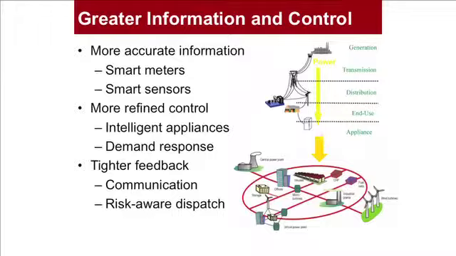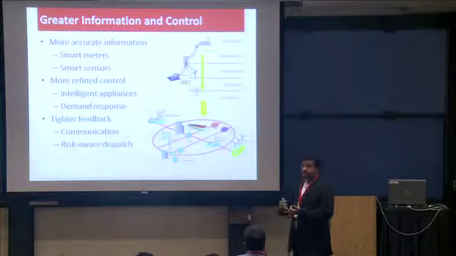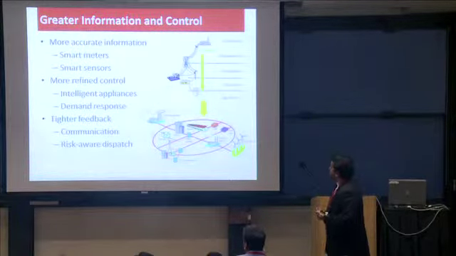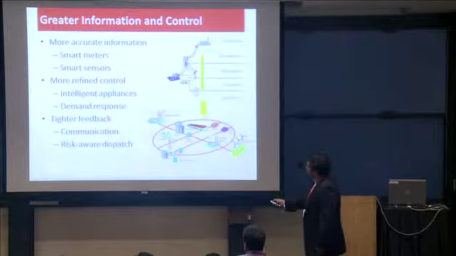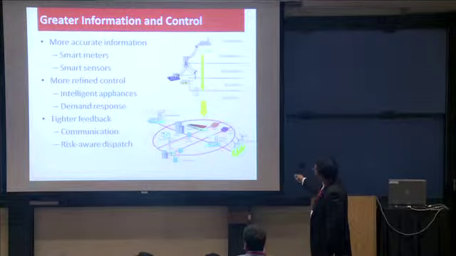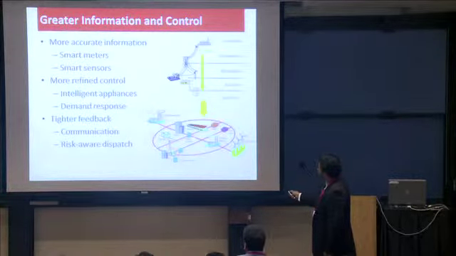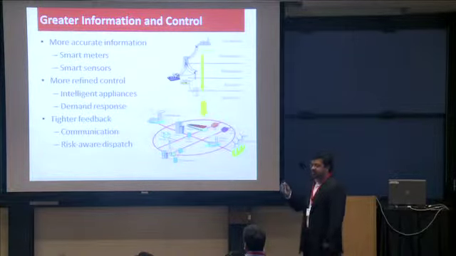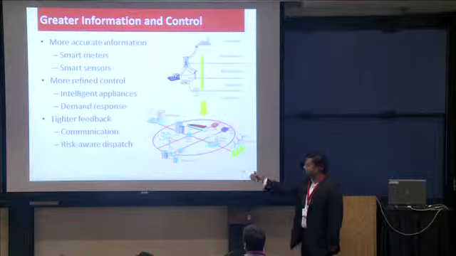And tying sensors and control together, we have a lot tighter feedback. So we have a whole communication platform through the internet, as well as our cellular networks and other networks. So putting all of these pieces together allows you to go from something like this to something more like a network, where you don't need this hierarchy dictating what every single piece has to do.